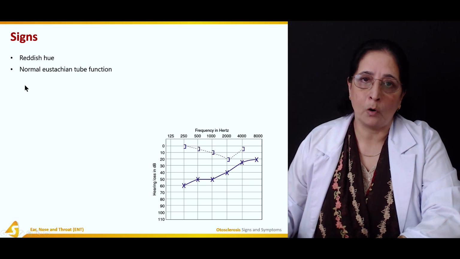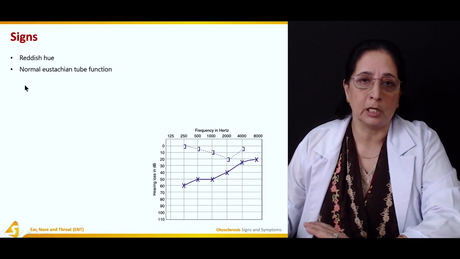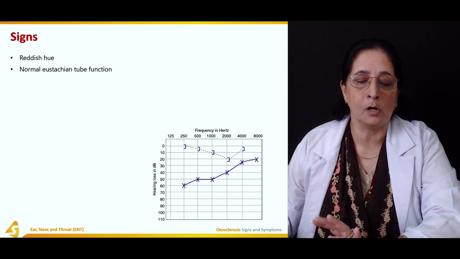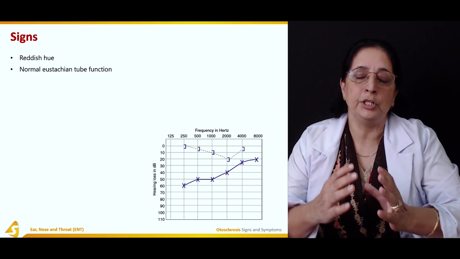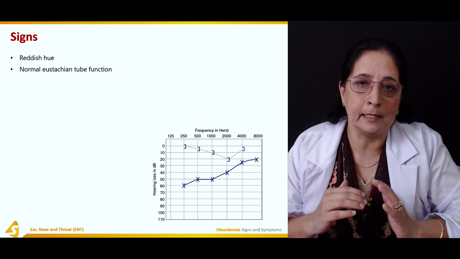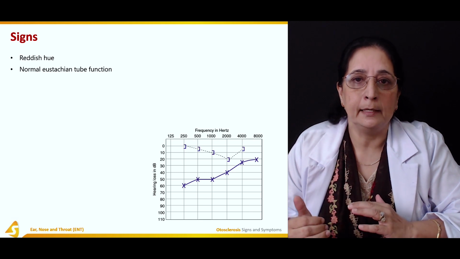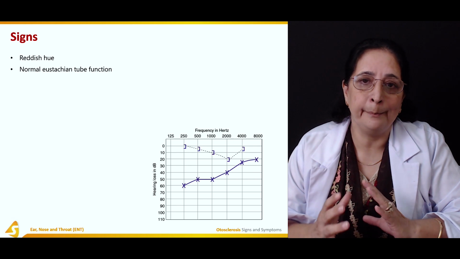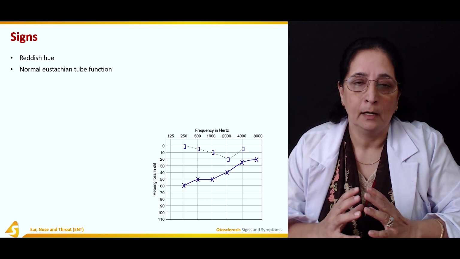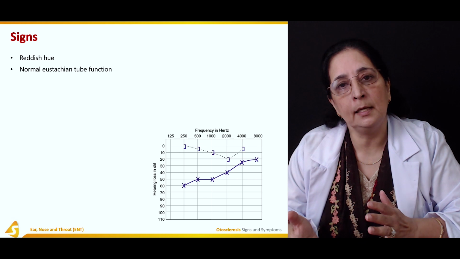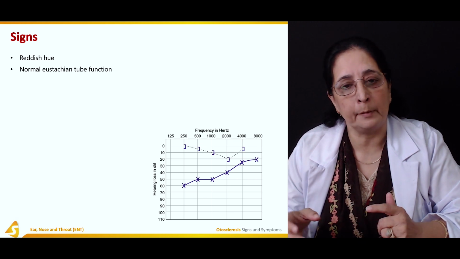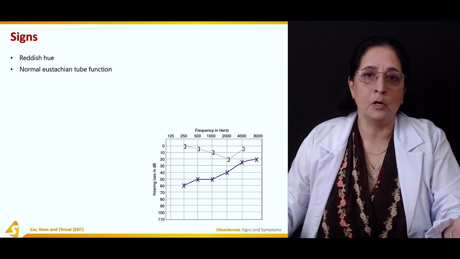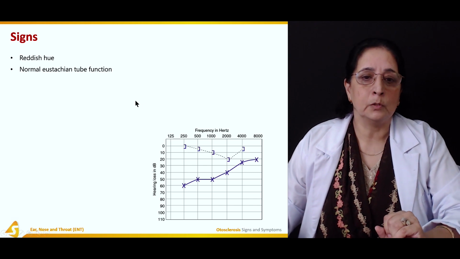Then there is normal eustachian tube function. The eustachian tube is not affected. The eustachian tube is the tube that connects the middle ear and the throat, the pharynx. It is responsible for maintaining the balance between the middle ear and the atmosphere or environment. So the eustachian tube is not affected by otosclerosis.